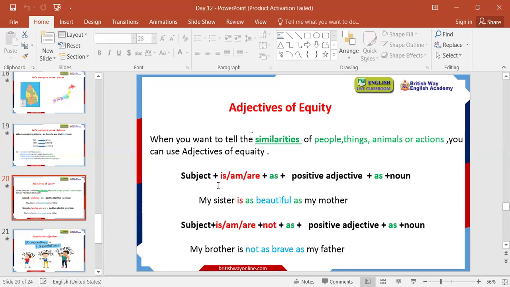That playground is not as big as their playground. Sakuni is not as selfish as Amaya.